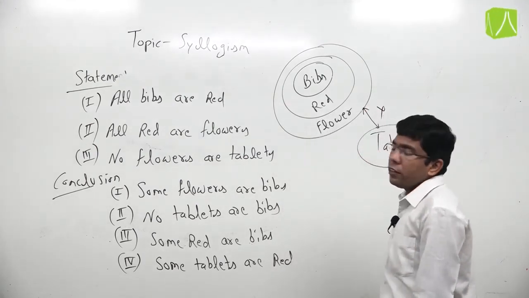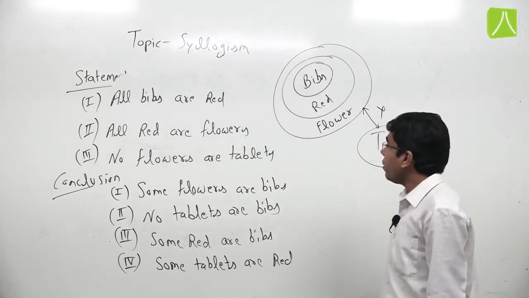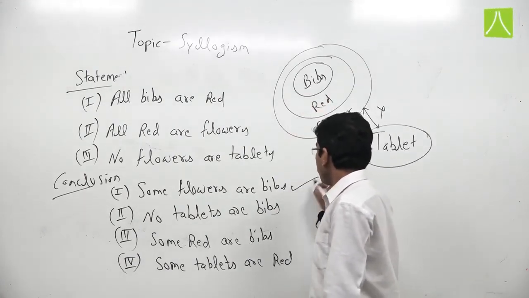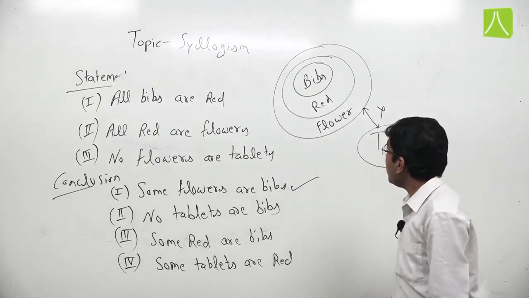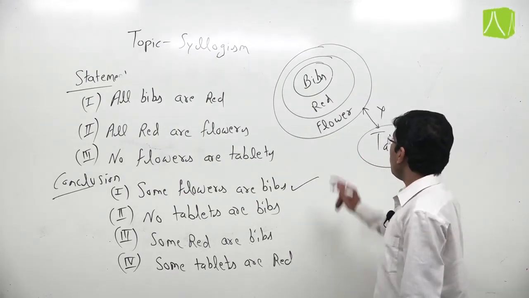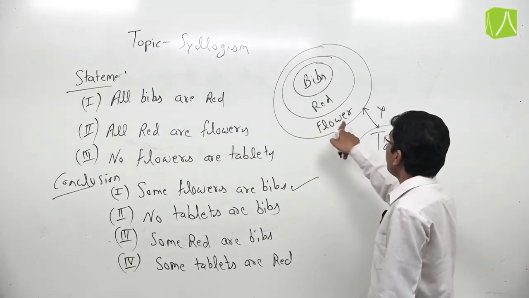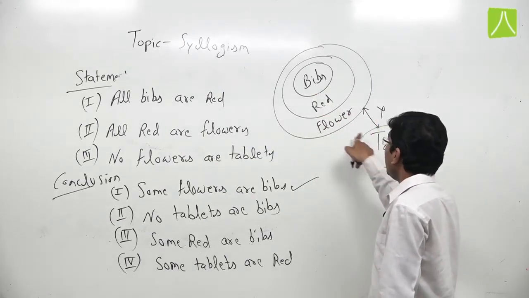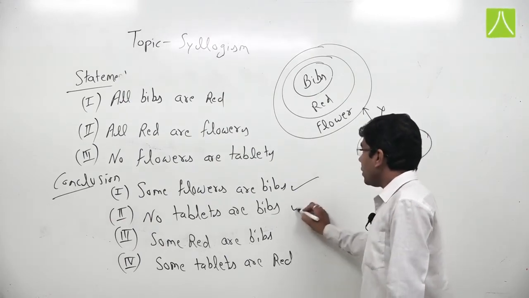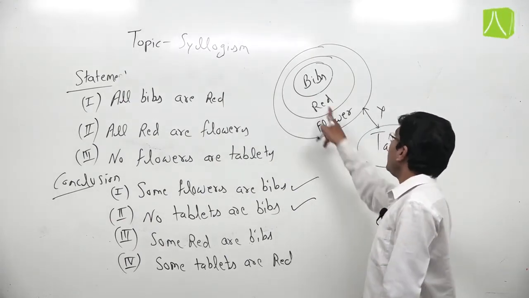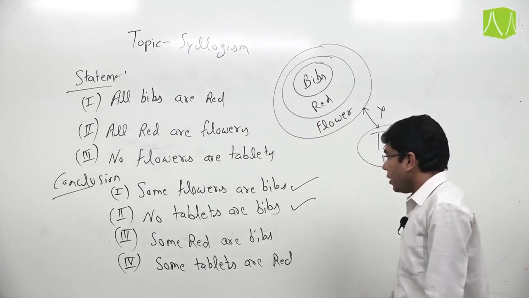Now, according to the diagram, some flowers are wives. Flower and wives connected. First conclusion is correct. Second, no tablets are wives. Obviously, wives is covered with the red and flower is not connected to the tablet.